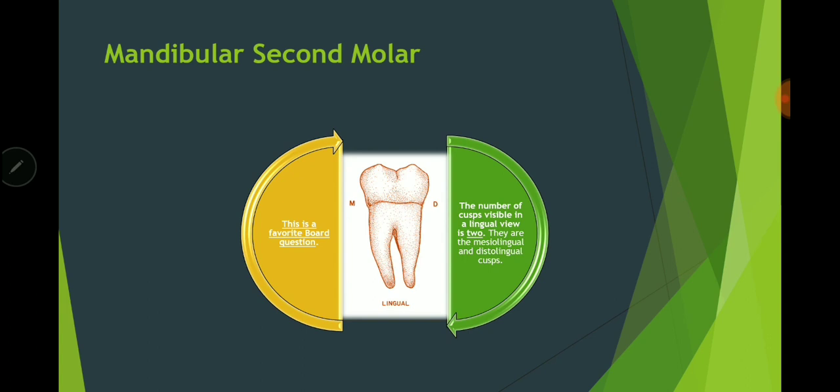Because the lingual surface is more straight in the mandibular second molar, in the lingual view you can only see the lingual cusps. You cannot see the buccal. However, in the lingual view of the mandibular first molar, you can see the lingual cusps and also the buccal cusp. So all five cusps are seen in the lingual.